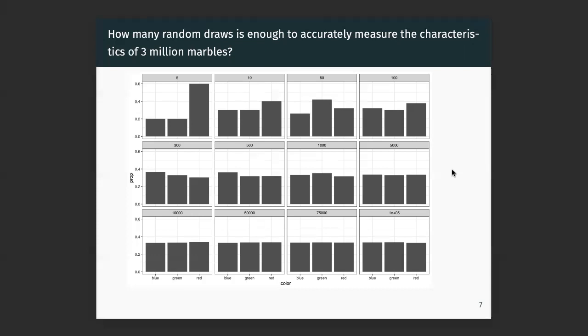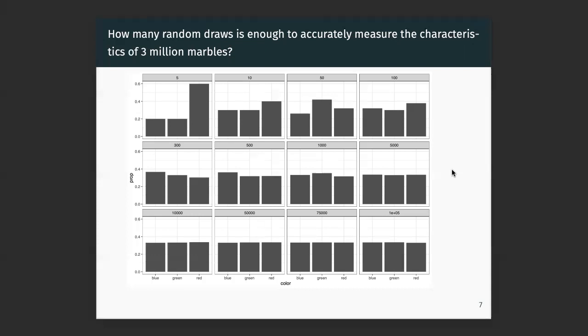This sample of 50, I see that I've got like 0.42, like 0.32, and maybe 0.28, 0.26, something like that, right? So we're getting closer. We're kind of waiting until they all converge. All 3 of those bars come together at that 0.33 line.